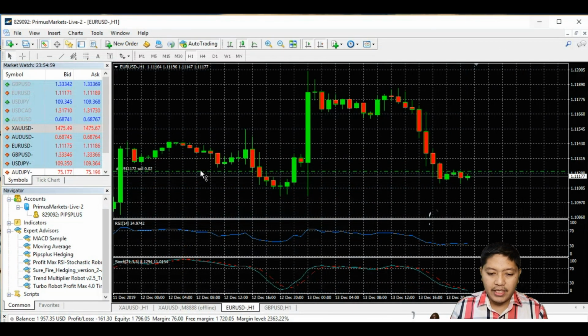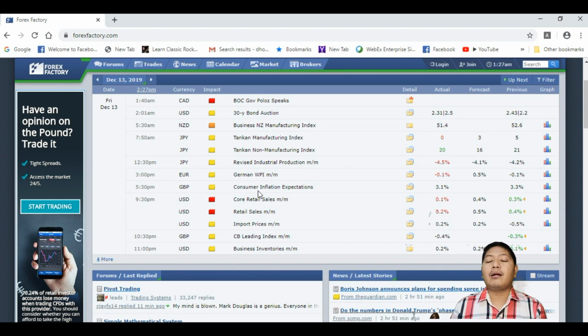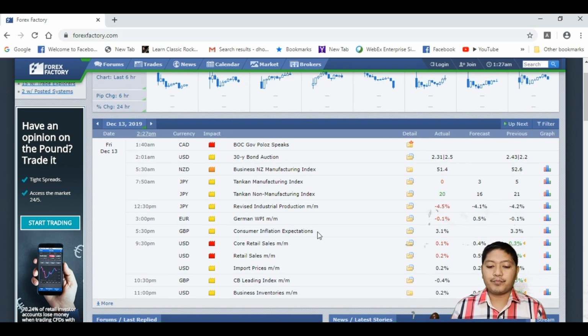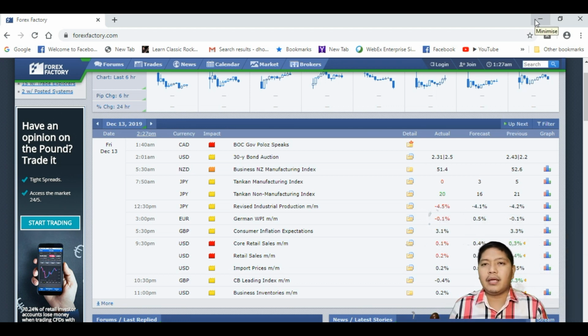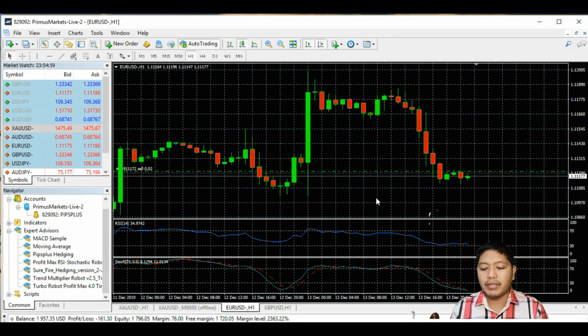If you are in Euro US dollar, make sure there is no big impact news at that time, especially elections, NFP, Brexit and all that. Make sure you don't have those big market movements, to confirm your entries.